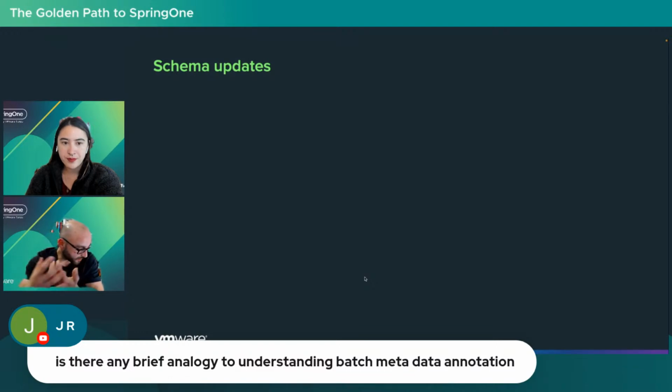Now, talking about an analogy to understanding batch metadata, I think it's like when you are working on something, you take note of where you are. And if you sleep and wake up tomorrow, you know where you were. It's like a bookmark in your book, and that's what batch metadata is actually. I hope I answered the question, but at least this is how I understand it.